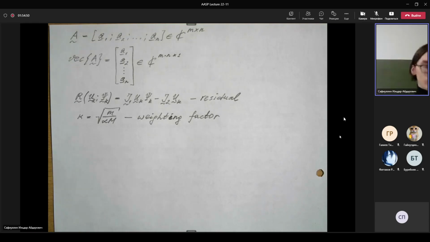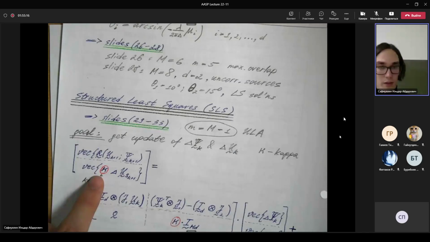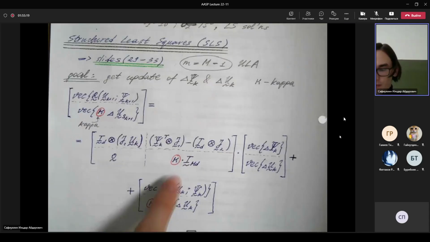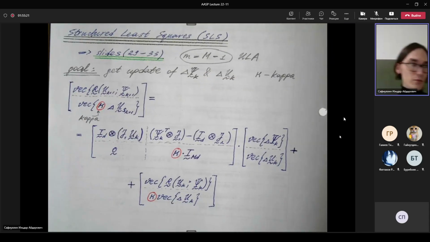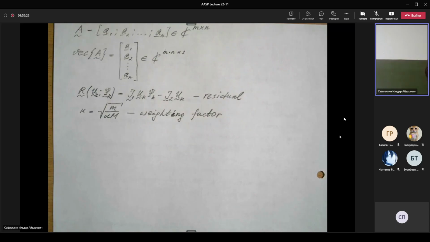Yes, yes. This one is kappa, which is used here, here, and here. So this weighting factor.